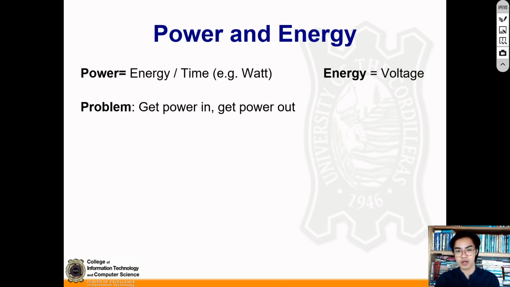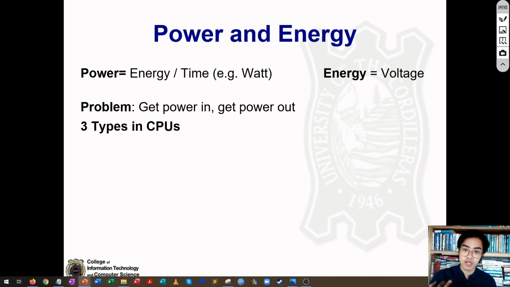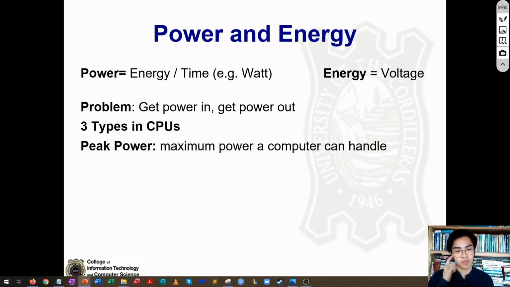Now, power and energy. Energy is just voltage, so your electricity just converted into power, and power is just energy over time, like your watts. There are three types of power to consider when we talk about your CPUs. The first is peak power. Peak power is just the maximum power your computer can handle.